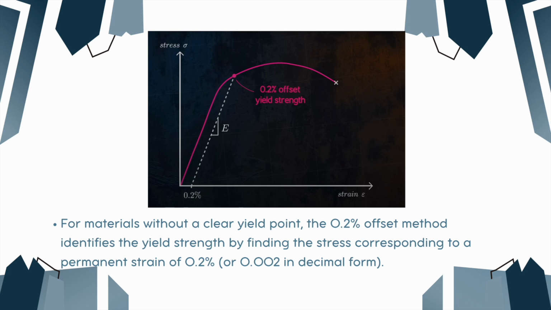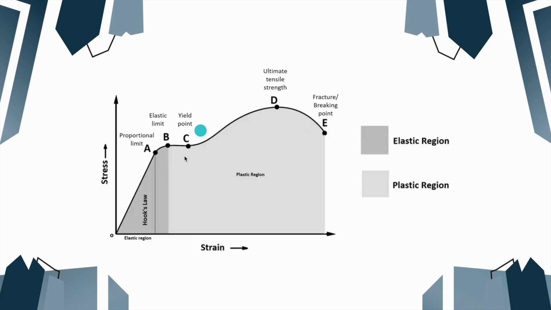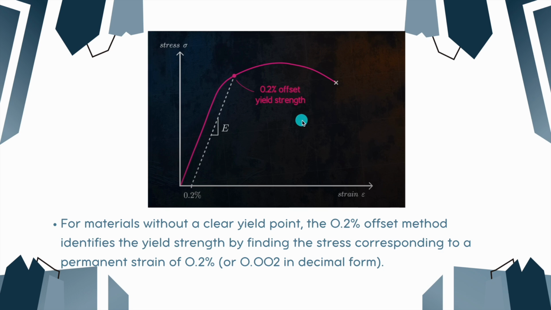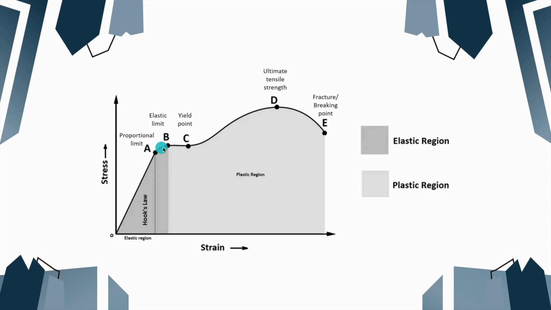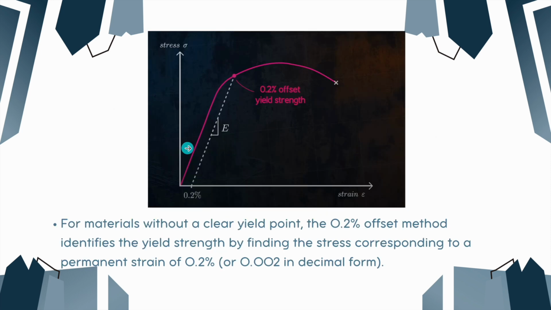So this is a typical curve of a metal or any plastic material. Sometimes the curve tends to come like this. You can see here the graph is linear up to a certain point, but the proportional elastic limit and yield point are not specified. So we don't know what the yield point is here.